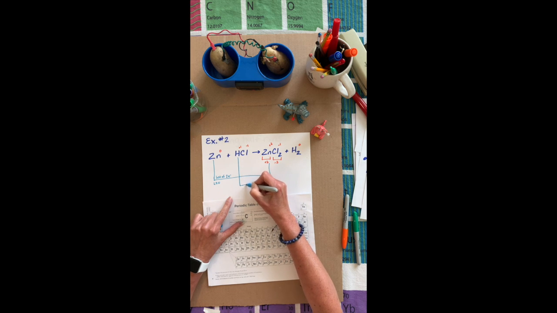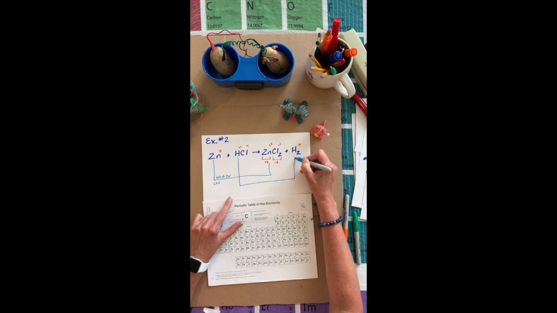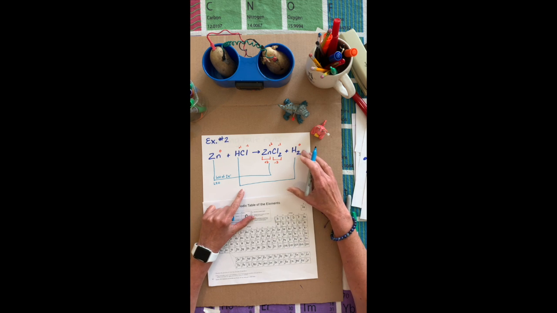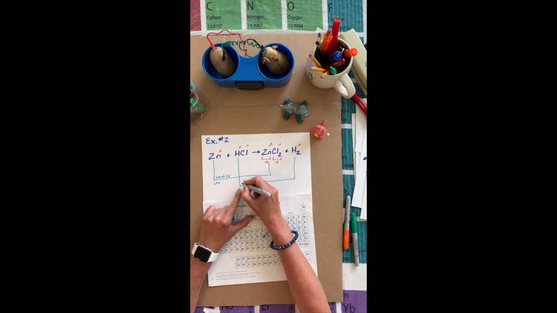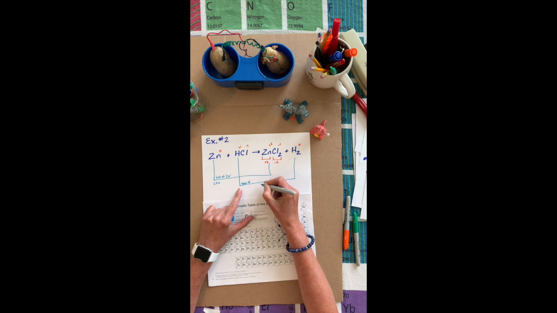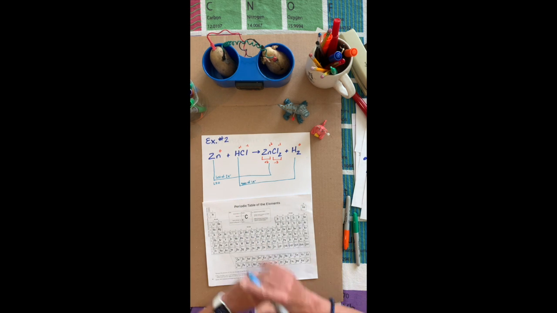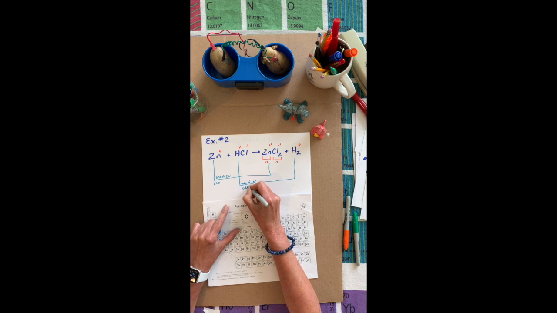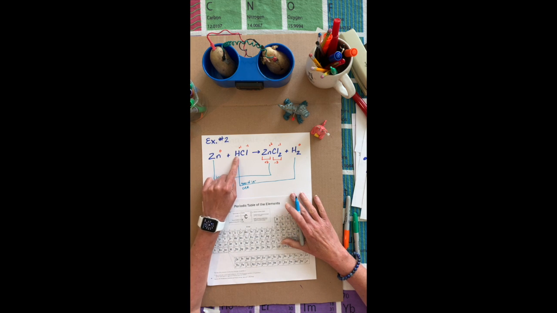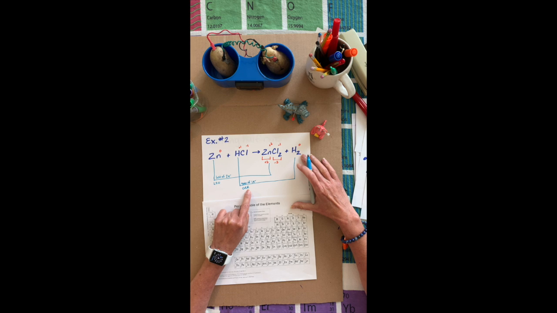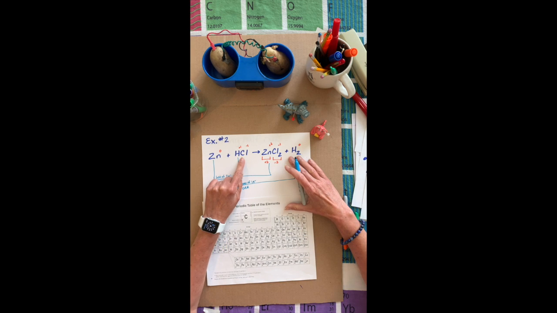Hydrogen changed from a +1 to a 0. It's becoming more negative. It must have gained, or a gain of 1 electron must have occurred here. This is GER. Hydrogen gained an electron to become this hydrogen gas. It is reduced.